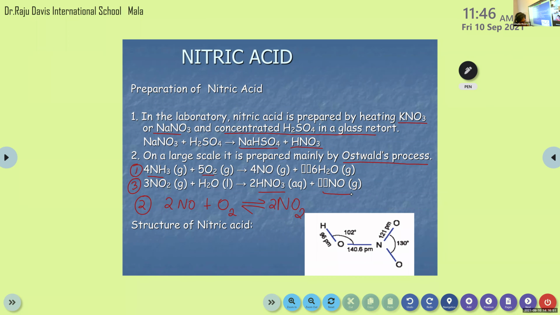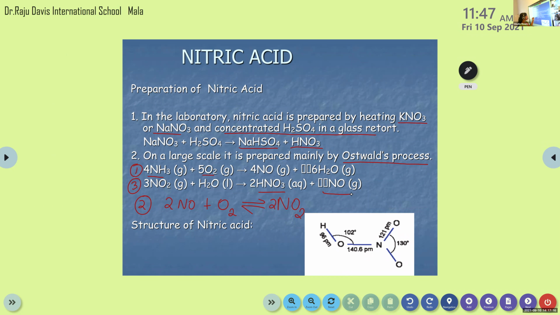This is clear, children? Yes. So there are mainly three steps for the large scale production of nitric acid through the Ostwald process. Starting from ammonia, it will react with oxygen to form nitric oxide. This nitric oxide reacts with oxygen to form nitrogen dioxide.